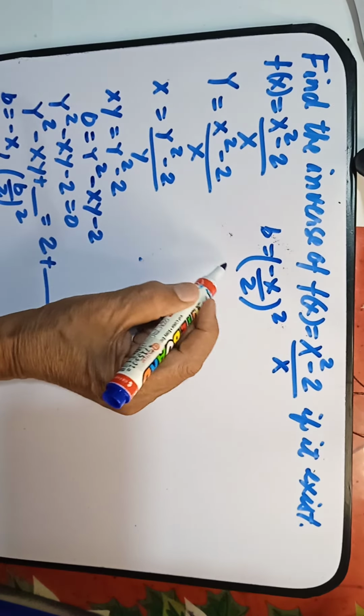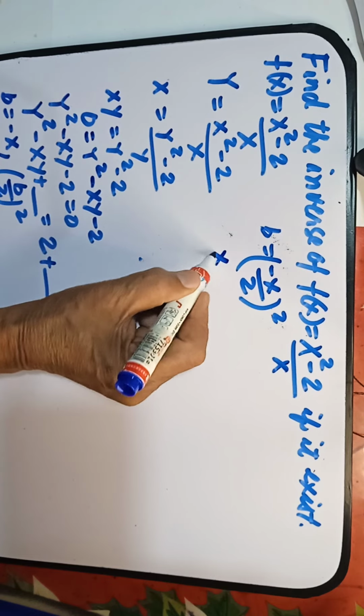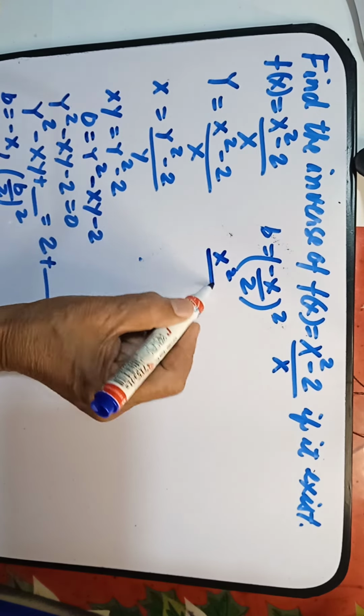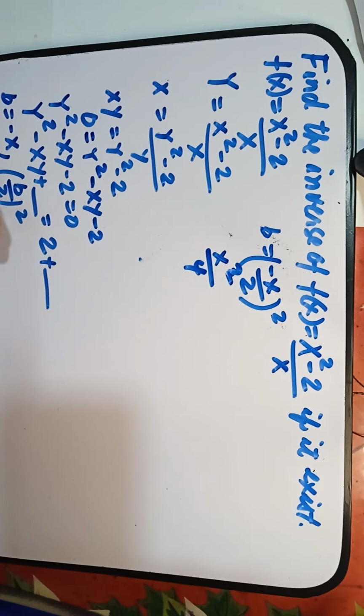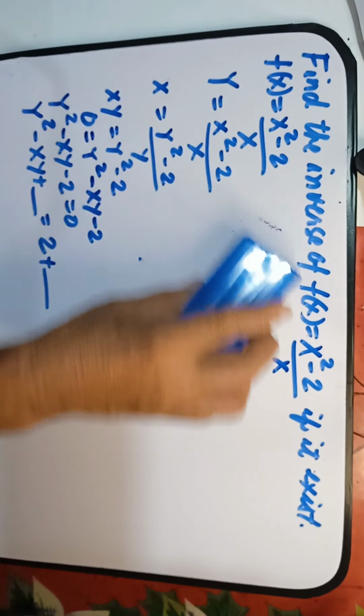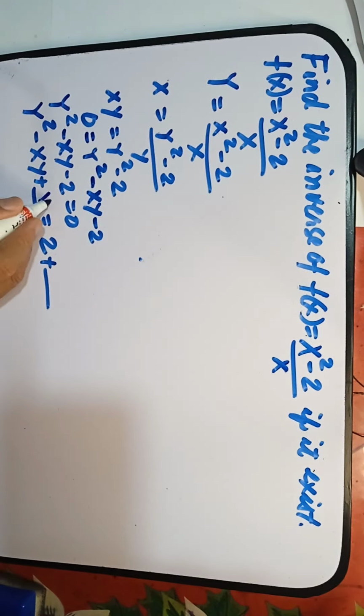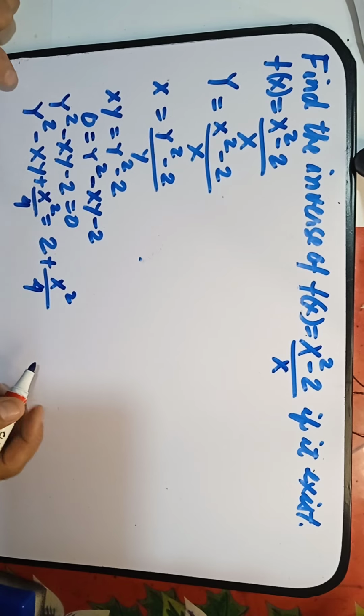So we have x square over 4. So here we add x square over 4. Also here x square over 4.